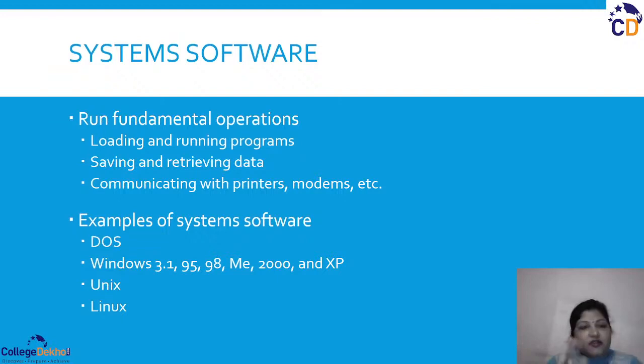Let me give you some examples of system software, that is DOS, Windows. These are all operating systems, right? Apart from these operating systems, we may have other utility software as well. What are those? Suppose antivirus packages. They are also a part of system software, right?